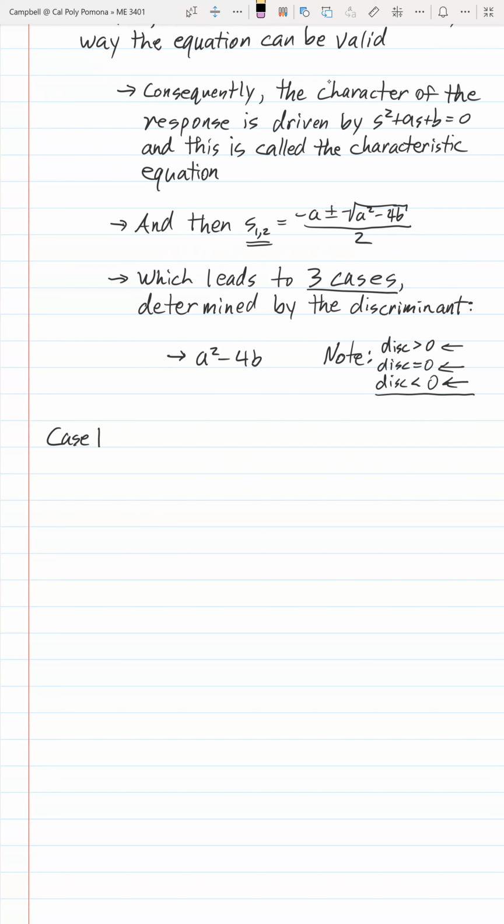So let's start with probably what is conceptually the easiest case. Of course, that's when the discriminant is positive.